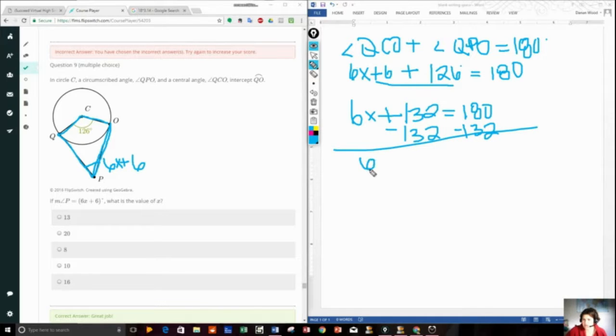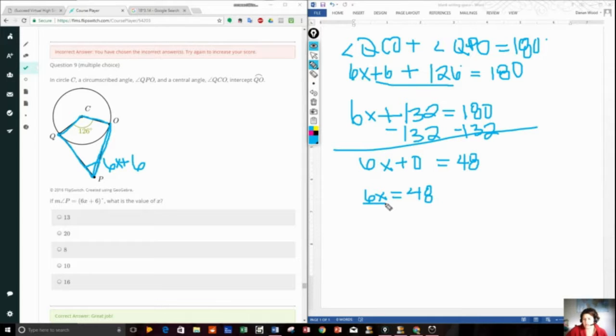So then we have 6x plus 0 equals 180 minus 132. Well, 180 minus 130 is going to be 50. Minus 2 more is going to leave us with 48. So then 6x plus 0 is 6x. That equals 48.